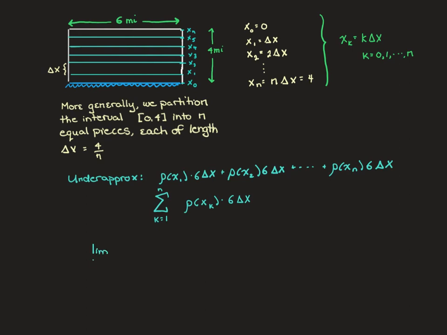The limit as n grows without bound of the sum k equals 1 to n of rho of x sub k times 6 delta x. What is that? Well, this should remind you of a definite integral. In the notation that we're used to, this piece is f of x sub k.